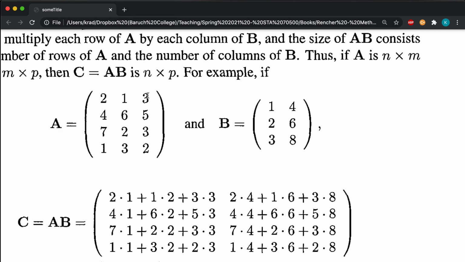It means that we take the first row of A and multiply it by the first column. So 2 is multiplied by 1, plus 1 is multiplied by 2, plus 3 is multiplied by 3. This is also known as an inner product of two vectors. You have a row vector and a column vector.